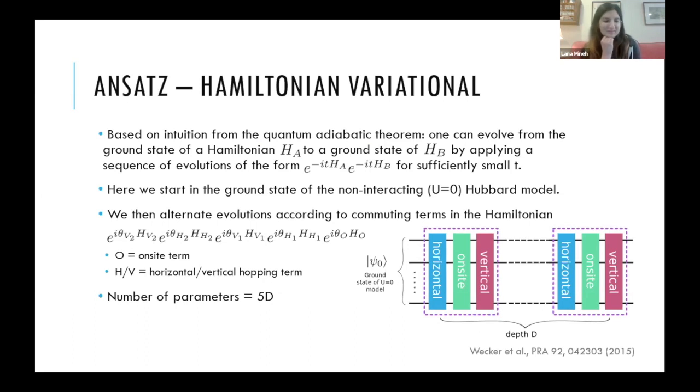You start from something that has worked previously, and this is just a different way of looking at it. You're evolving according to terms in the Hamiltonian, so you're preserving properties of the Hamiltonian, like number preserving, maybe symmetries and that kind of thing. I could talk about that more later as well.